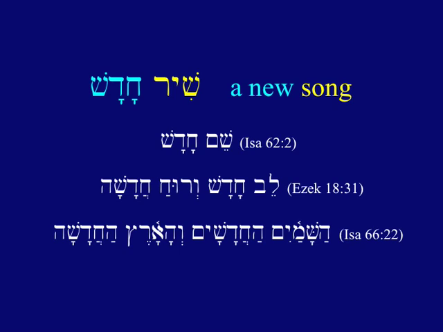Hashamayim hachadashim v'haaretz hachadasha, a new heavens and a new earth. As this lesson progresses, you will see what we're doing with the adjective in these examples, for instance, inflecting it for gender and number so that it can correspond to the noun that it modifies.